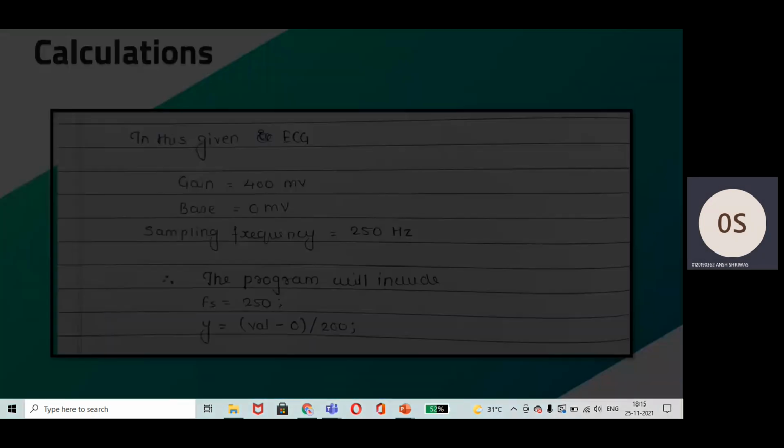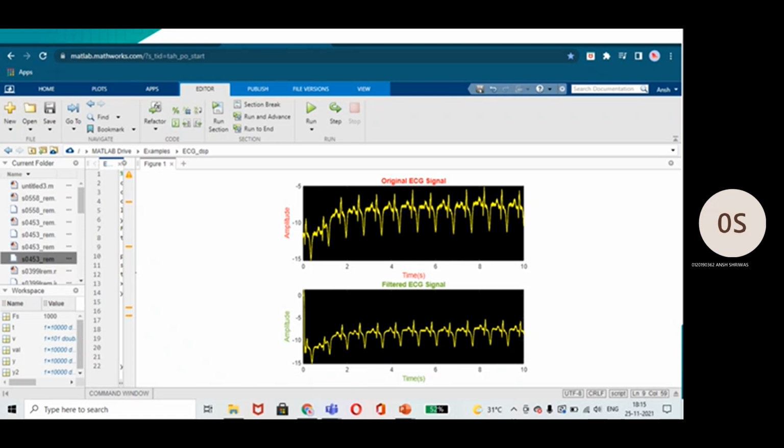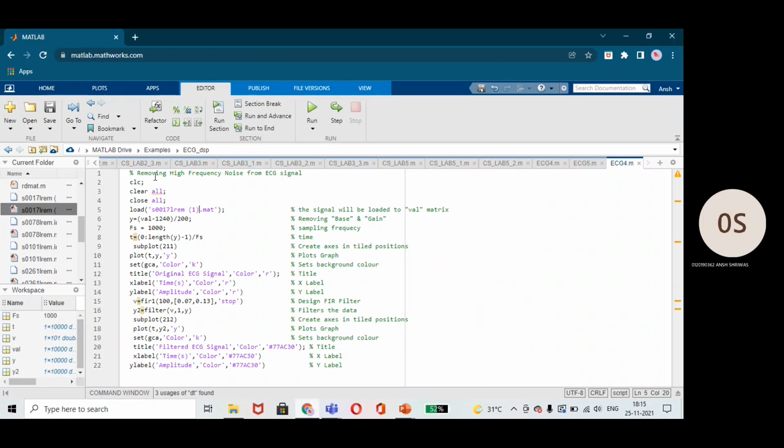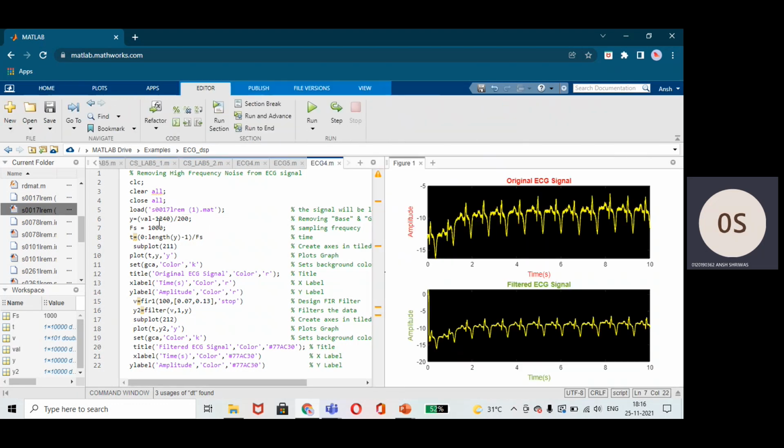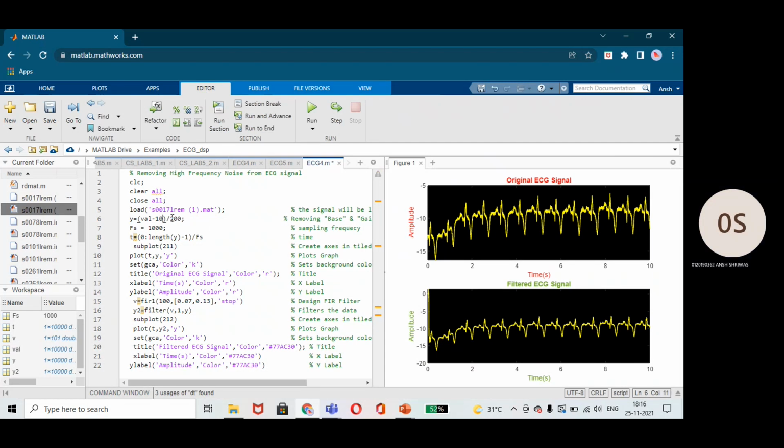Now let's see the demonstration. This is the name of the ECG signal we have used. In that, 1024 is base and 200 is gain, while the sampling frequency is 1000.